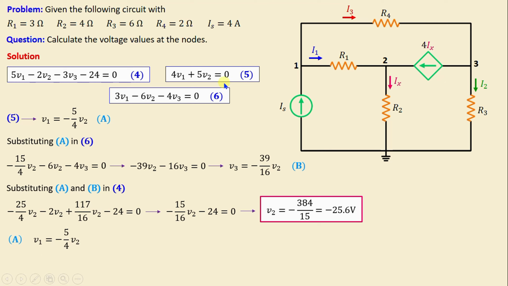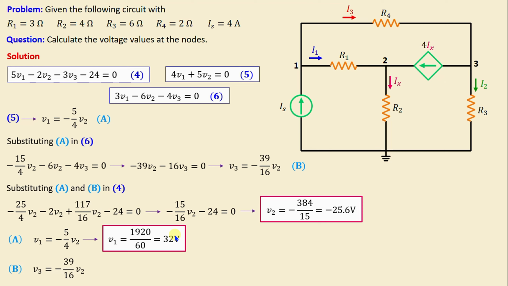And from equation A, we have V1 is equal to negative 5 over 4 V2. If we replace V2 with its numerical value, we obtain V1 is equal to 1920 over 60 is equal to 32 volt.